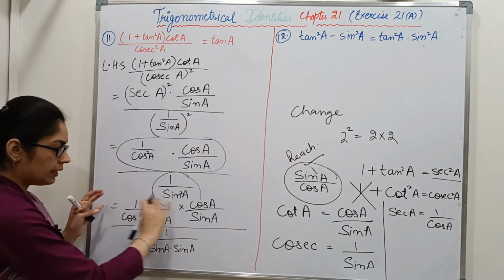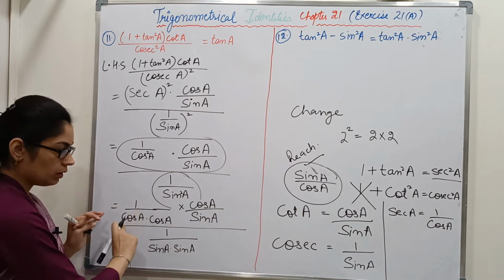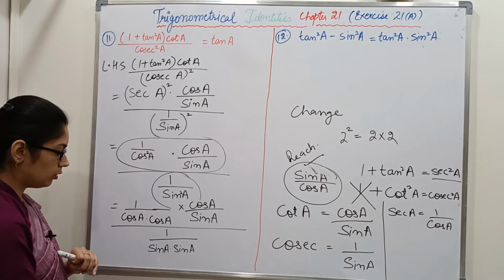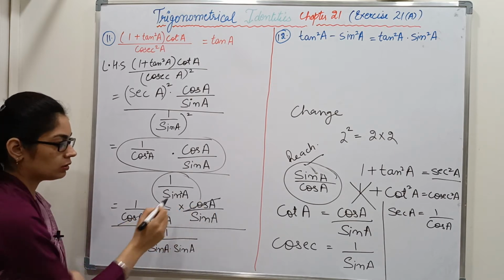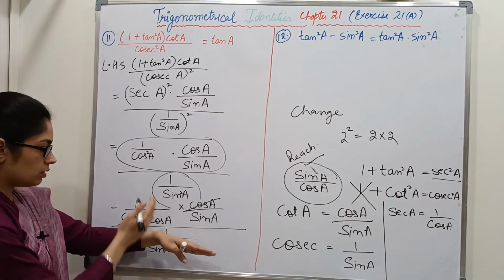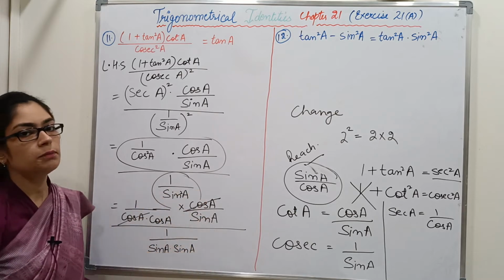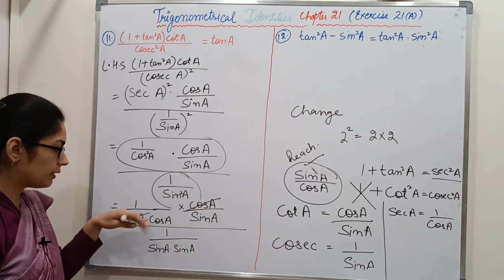Now first of all let's solve the numerator, then we'll solve the denominator, then we can write it together also. 1 cos and 1 cos will get cancelled because this is one fraction and all the terms are in multiplicative form, so we can cancel.